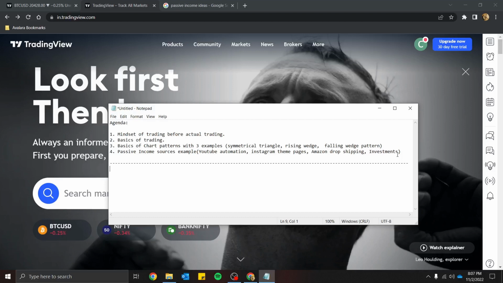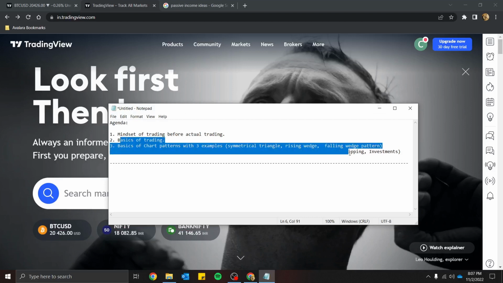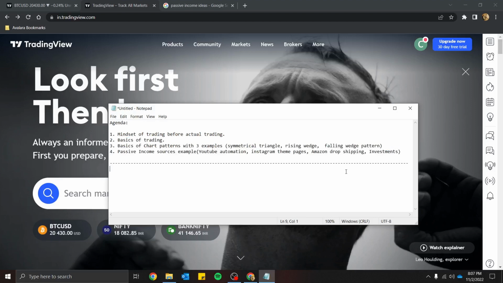They want to get rich very soon. The first thing you should make yourself believe is that trading is not about getting rich quickly. You need to have patience. You need to follow slow gratification, so that you don't have high expectations from the work you do. So the first point is the mindset of trading.